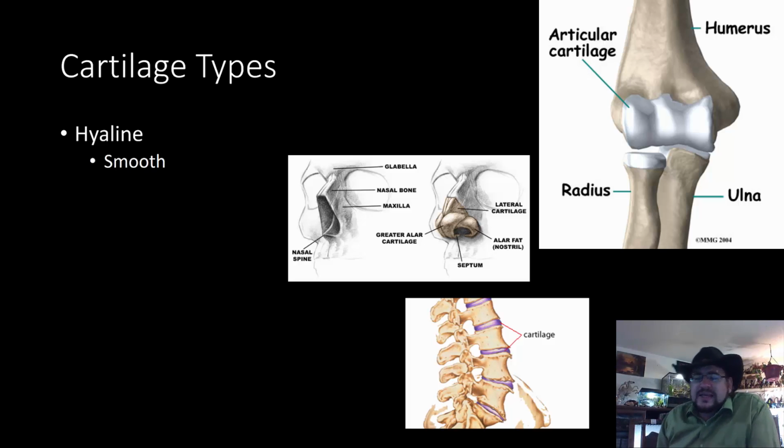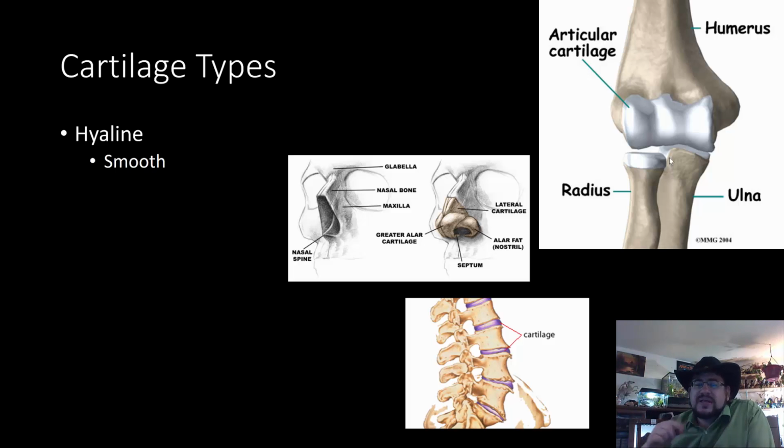The smoothness and strength is also why you'll find hyaline cartilage lining joints. Joints experience a lot of friction. Anytime you move a joint, there is friction. When you have bone moving against bone, the friction from the bones will actually grind and damage them.